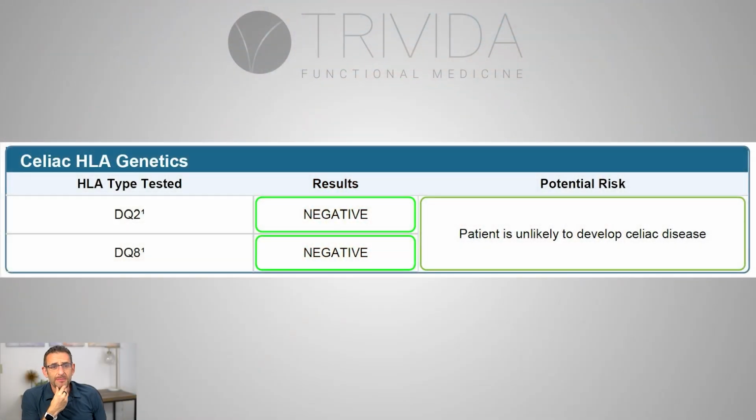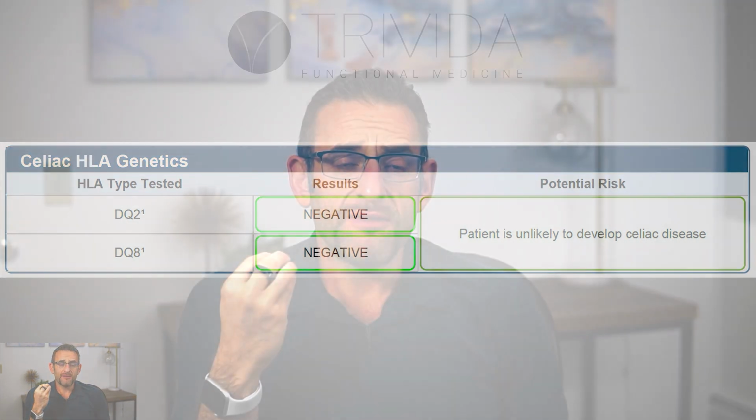Celiac genetic panel. You'll notice on this example, there's a double negative, meaning that they do not have celiac disease. And celiac disease, again, is an issue where you cannot digest and absorb gluten, and you have an actual autoimmune response to gluten when you consume it. So this person does not have celiac disease.